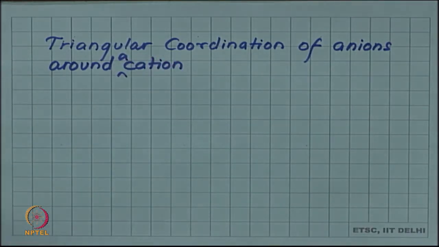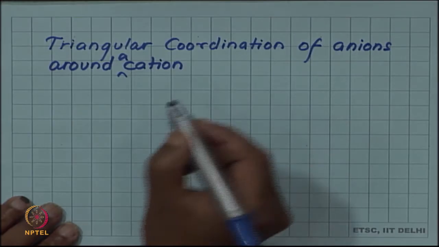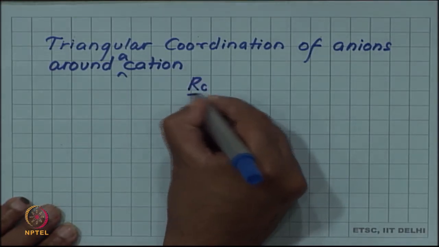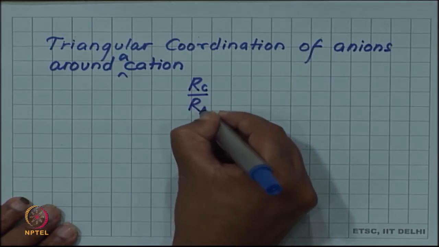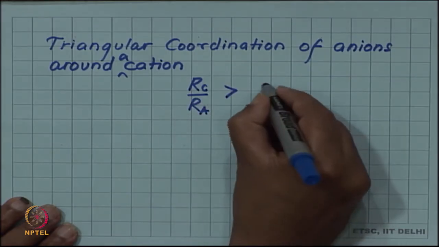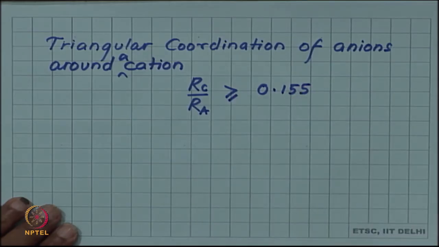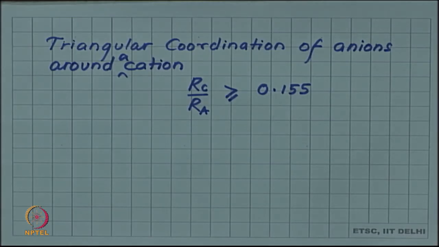So, this was the triangular coordination, and for triangular coordination we found that the stability requires R C by R A to be greater than 0.155, equal to 0.155 the critical situation. So, we include that also.